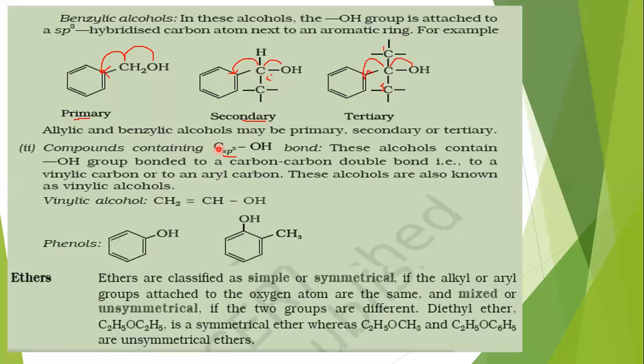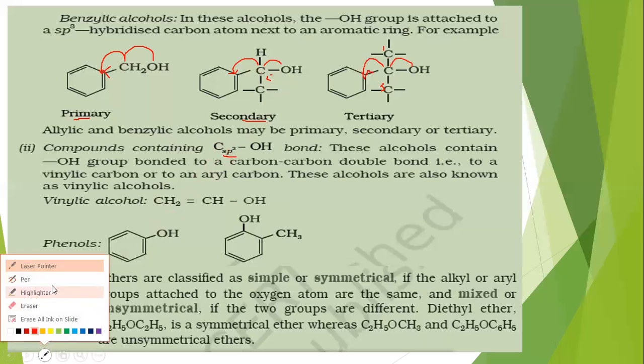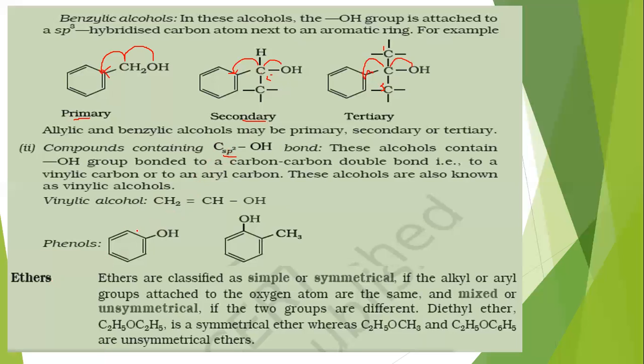So the carbon which has a double bond is always sp2 hybridized carbon. Now here, check in these both examples. So this carbon is sp2 hybridized carbon, meaning OH is attached directly to an sp2 hybridized carbon.